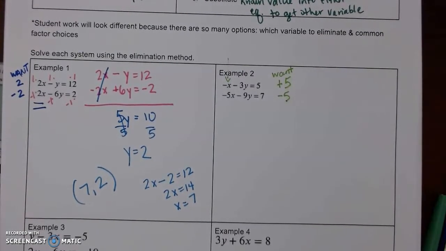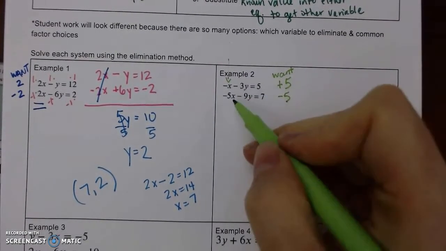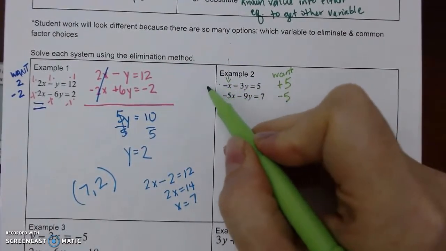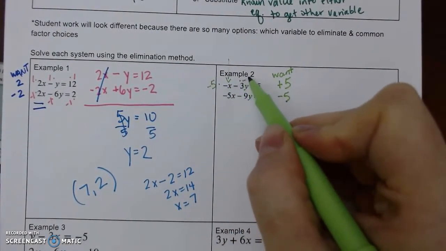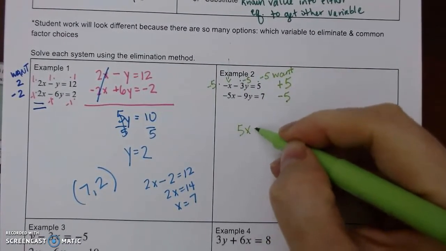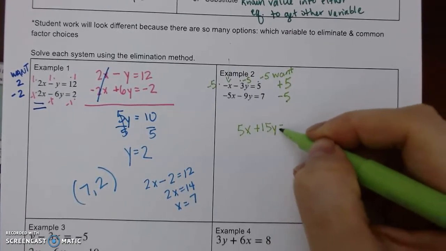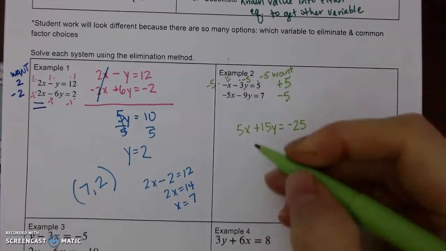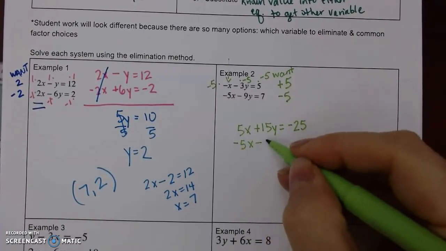They have to be opposite numbers. So this can stay, but I need to multiply by a negative 5, all terms. So we get 5x plus 15y equals negative 25. The bottom equation is going to stay the same.